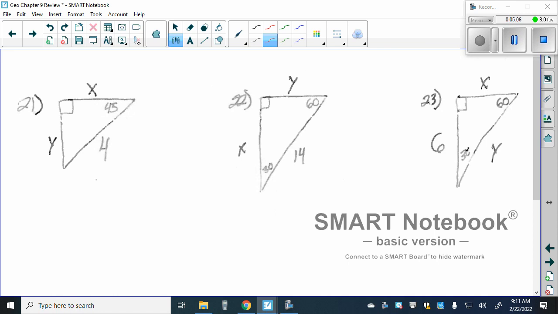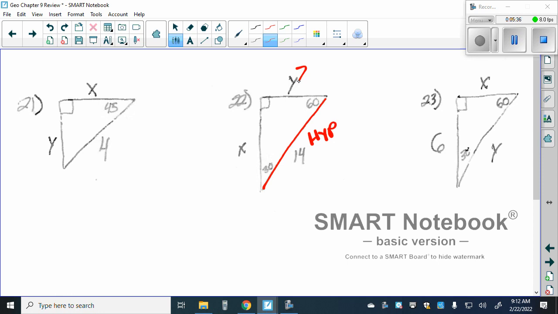Let's look at 22. 22 we can see is the 30, 60, 90, because we do have a 30-degree angle and a 60. And it's telling us that we do have a side length of 14. Well, 14 is the hypotenuse because it's opposite the right angle. Now, if we were using the shortcuts, the short side length is half the hypotenuse, 7.